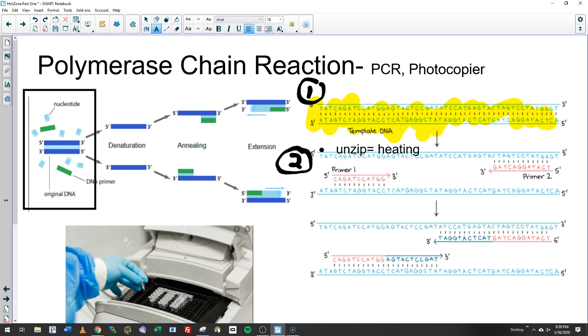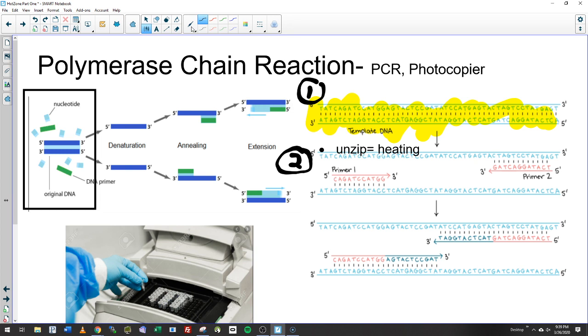I am going to take this template piece of DNA, which if I highlight, the template piece of DNA is this dark blue. This is not highlighting. 30 seconds for my highlighter to fire up. So I'm going to take whatever piece of template DNA that I have extracted from this patient.